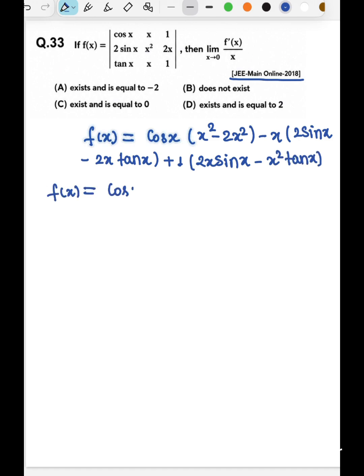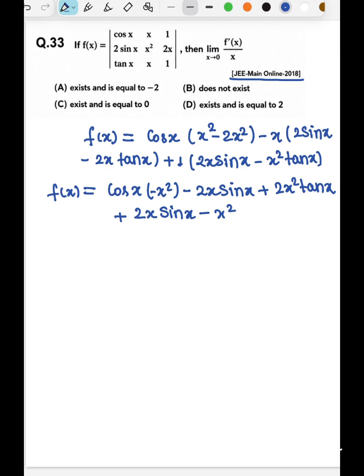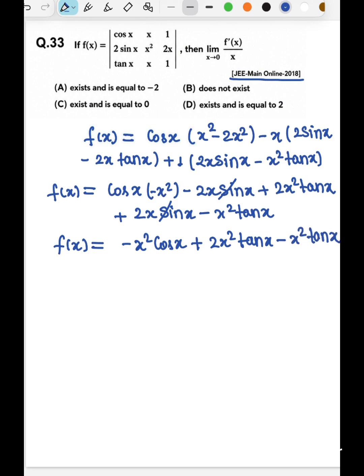Cos x minus x square minus 2x sin x plus 2x square tan x plus 2x sin x minus x square tan x, right. Again f(x) is equal to minus x square cos x, this cancelled by this and you are left with 2x square tan x minus x square tan x, right.